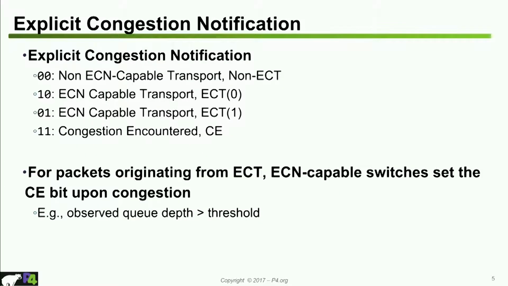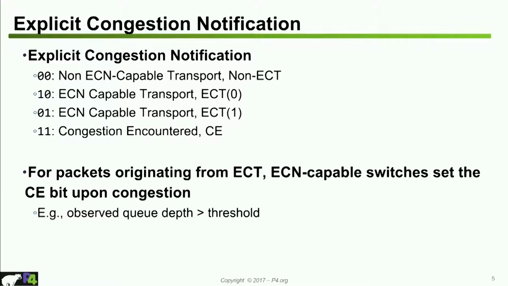How does that work? If the end host doesn't want to receive any congestion notification from the network or can't process those kinds of notifications, it will just set those 2 bits inside the header of the packets it is sending out to 0. So if the switches see packets that have these 2 bits set to 0, they know that they shouldn't do anything about it. Just forward the packet regularly.